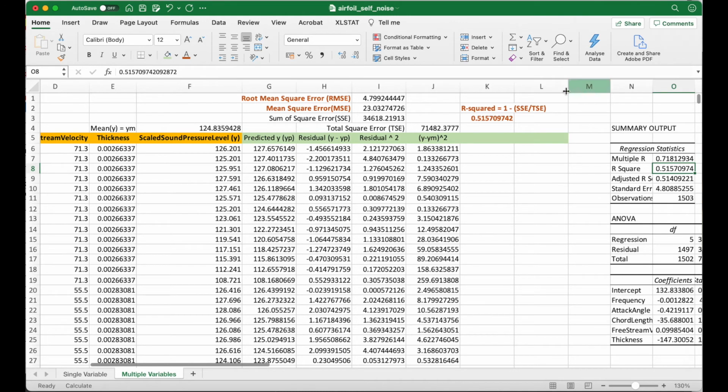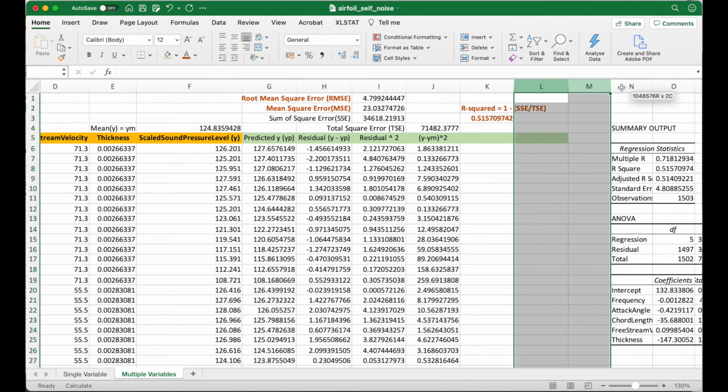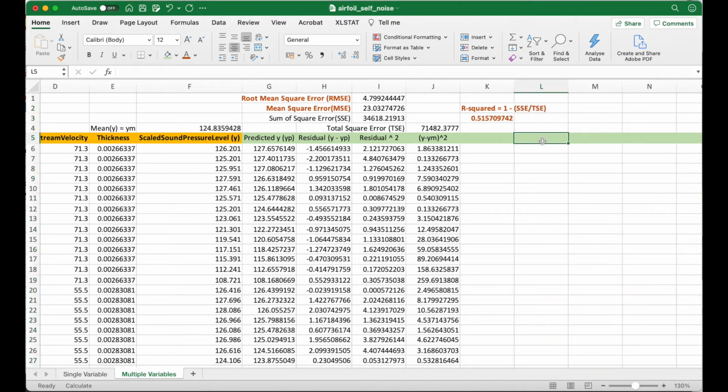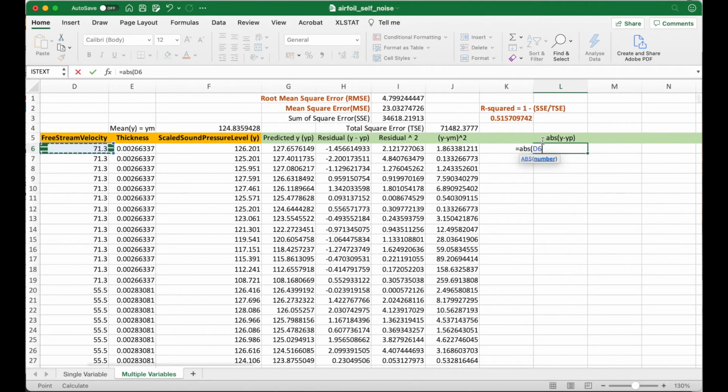Now let us look at some more measures which can help us to determine the goodness of our model. Now, let us determine one figure, which is the absolute value of the error. That is absolute value of y minus y prediction. If I do this, I get the absolute value of y minus y predicted.